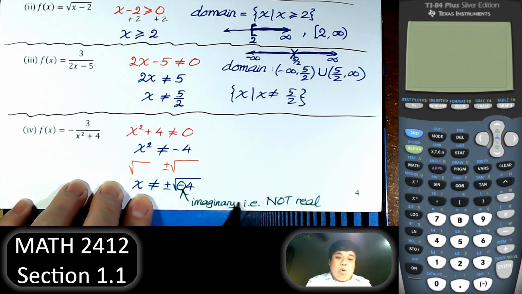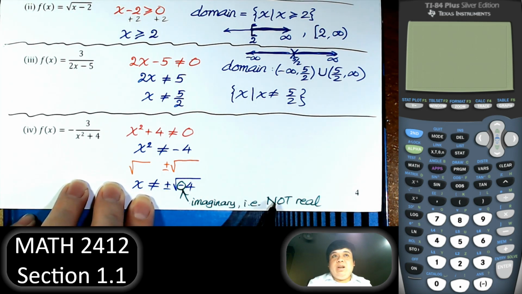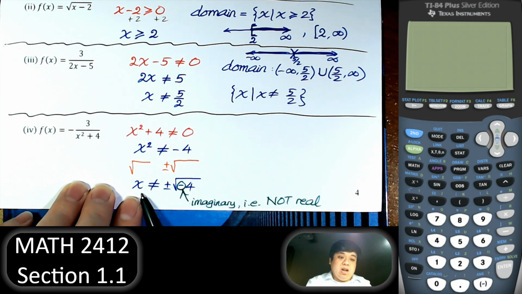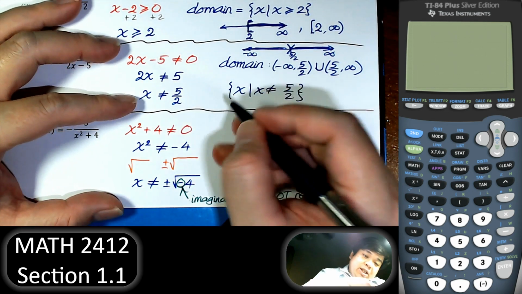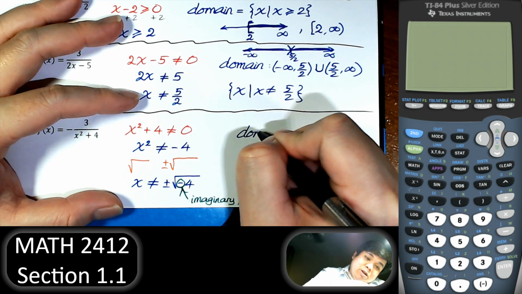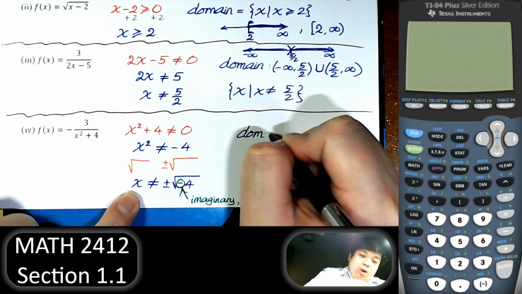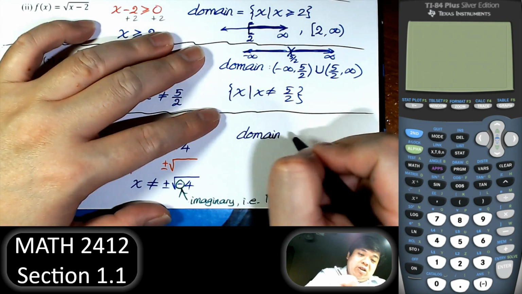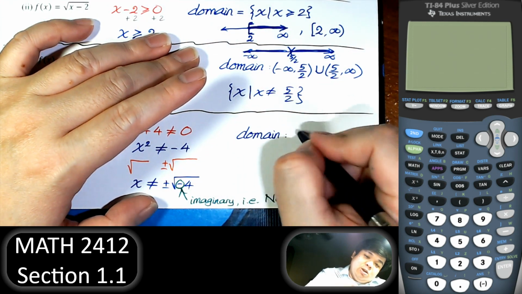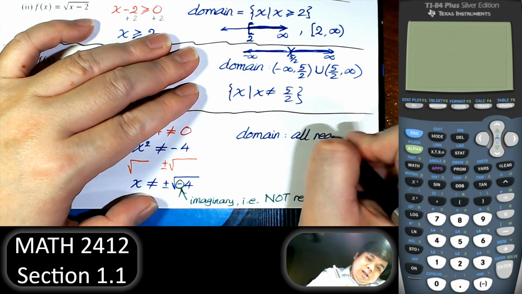X is not equal to something that is not real, meaning any real number will work, because a real number certainly is not equal to an imaginary one, right? So in this case, the domain will be just all real numbers, because the real numbers for the domain are not equal to imaginary. So that makes perfect sense there. So all real numbers.